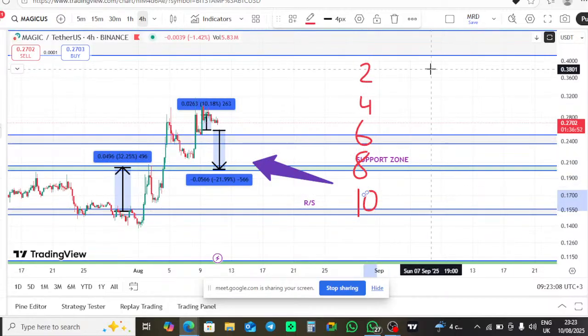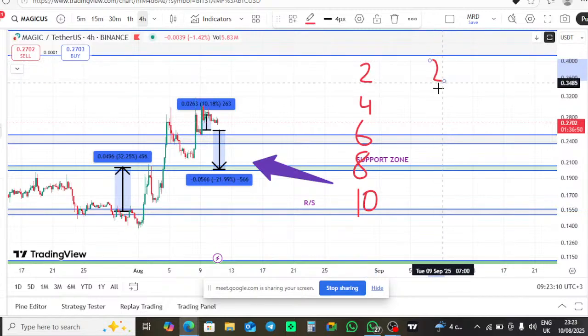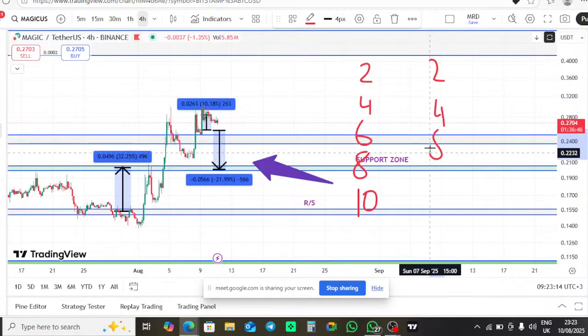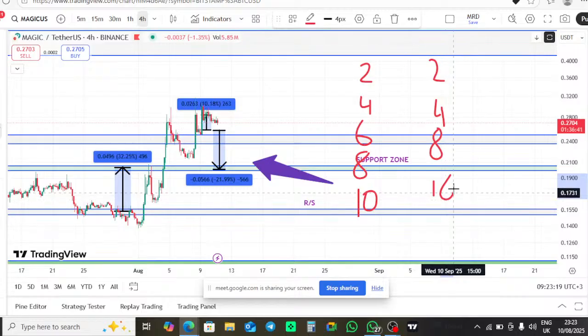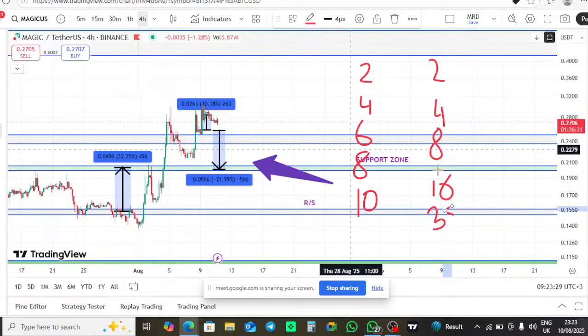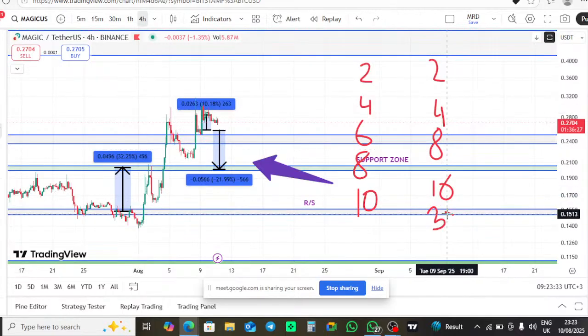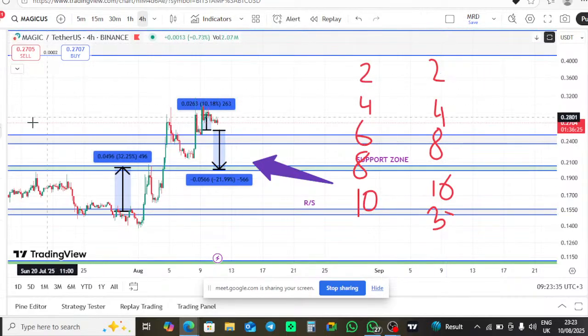Someone can prefer to use 2, then 4, then 8, then 16, then 32.